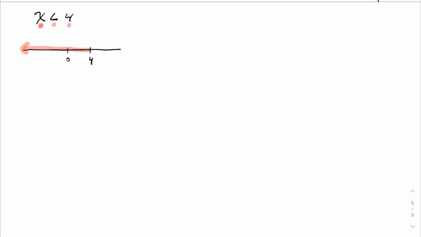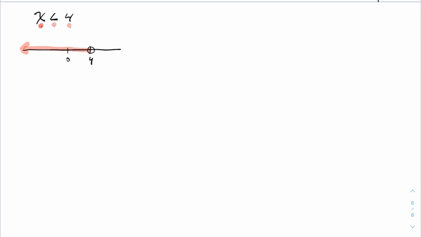Now the thing is, we need to figure out, are we going to include 4, yes or no? This says shade the x values that are less than 4, and less than 4 does not mean equal to 4. So you may have seen this as an open circle in the past.